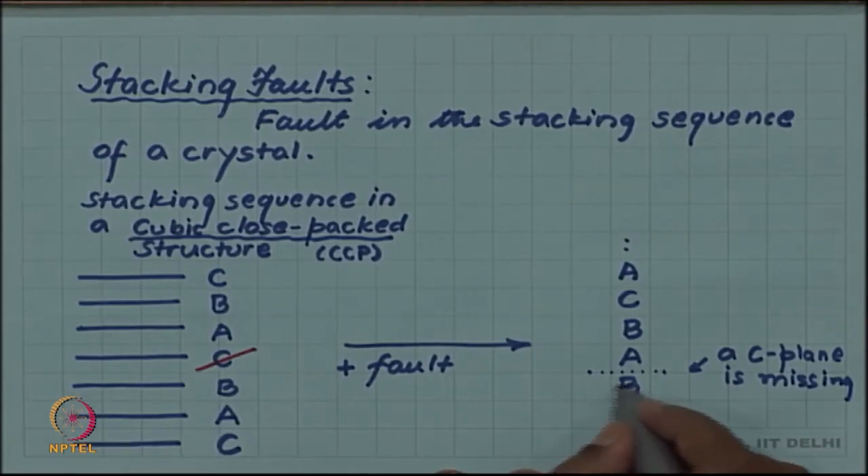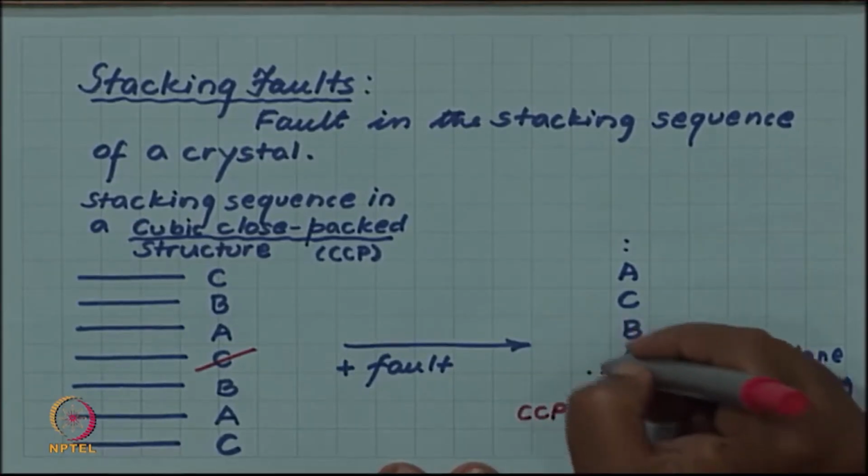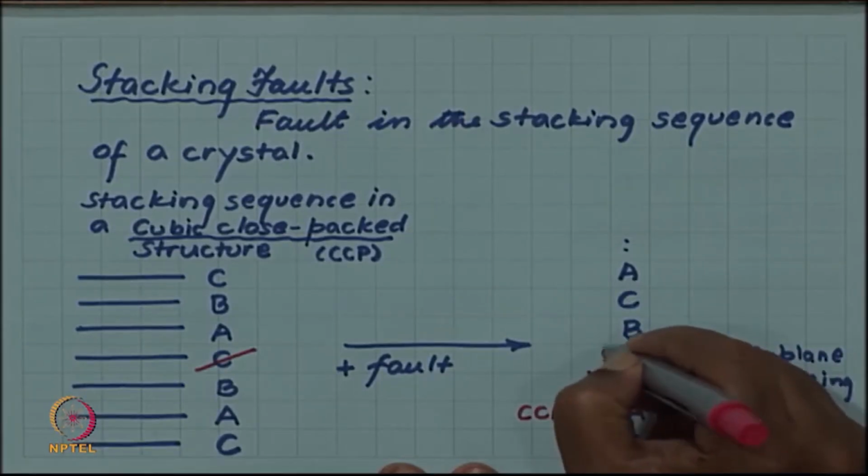So, this CAB region and further down is perfect CCP, and if I look up again I have ABC.